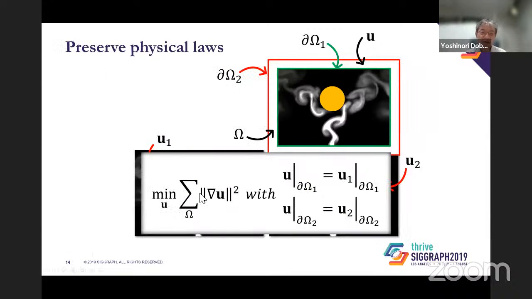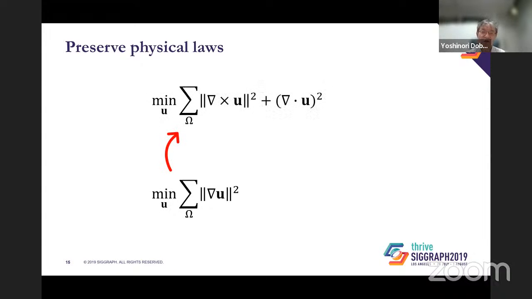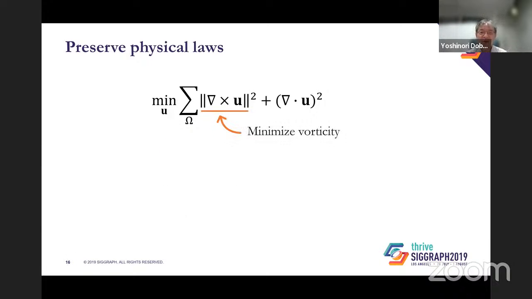So this is the minimization problem we want to solve. After several mathematical operations, we can obtain this formulation. We have two terms on the right. The first term tries to minimize the vorticity, and the second term tries to minimize the divergence.